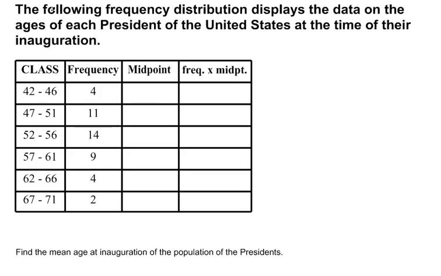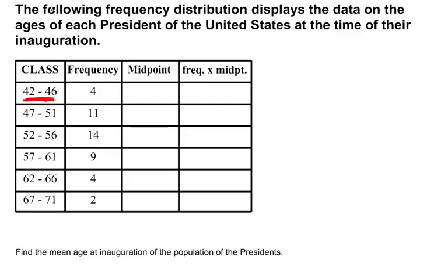As we look at this table, there's more data here than just the 6 values that we see in this list. Keep in mind that we have a class of presidents between 42 and 46 in age, and there are actually 4 presidents that fall into that category.